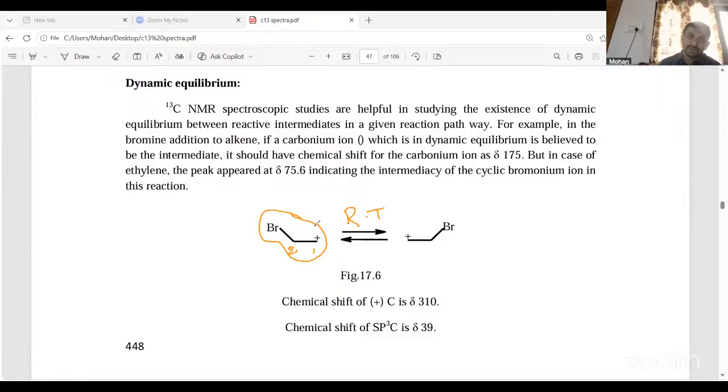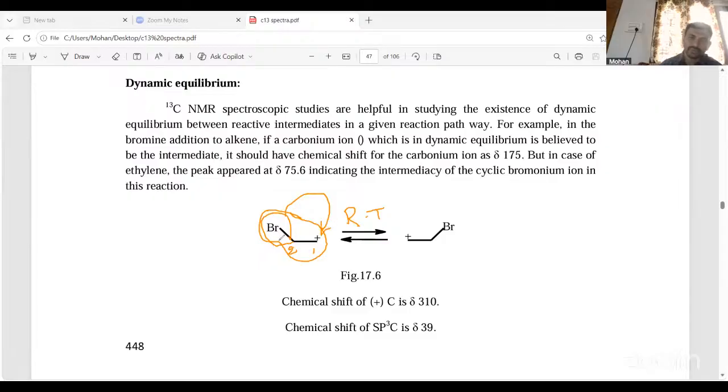So we have labeled this particular carbocation. Here is C1, here is C2, and it is undergoing the interconversion, where the bromine is shifting to the C1 carbon.